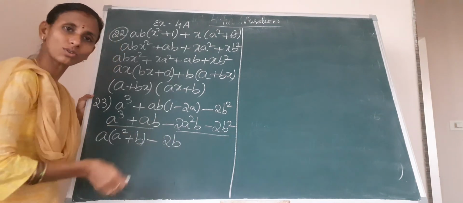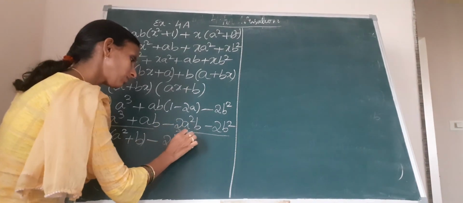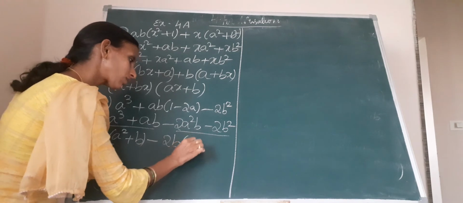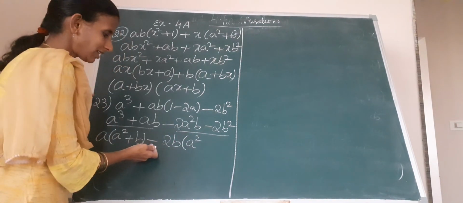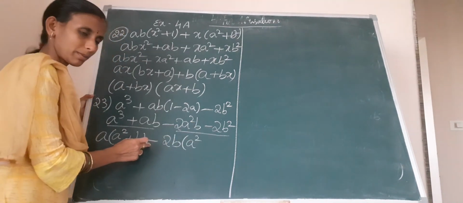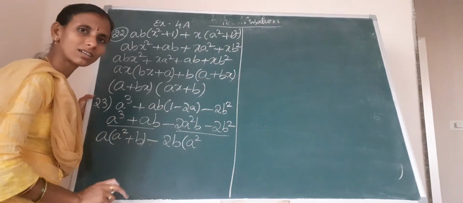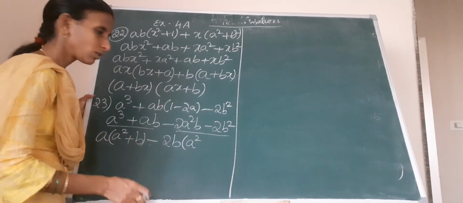So what do we get? 2b is common. Now here in this first term, what is remaining? a square is remaining. Now we have taken minus outside as a common, so what sign do we get here? It is plus. Okay.